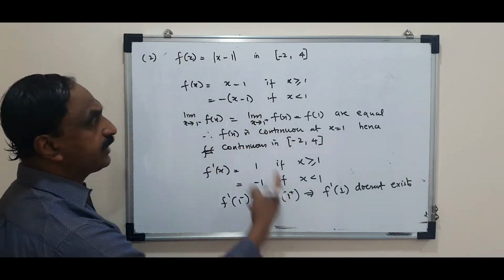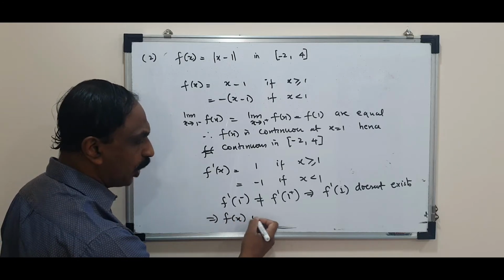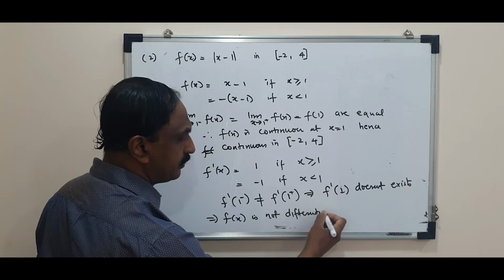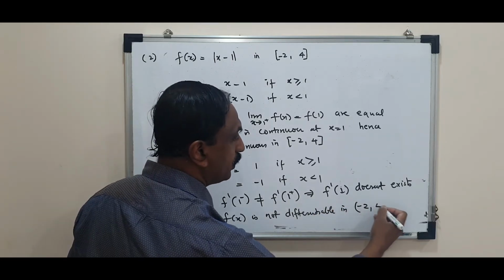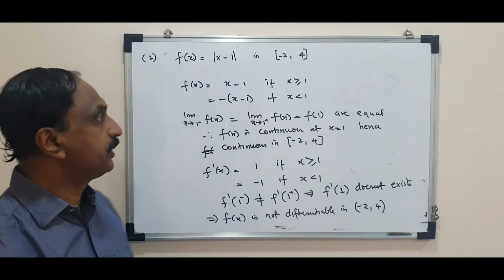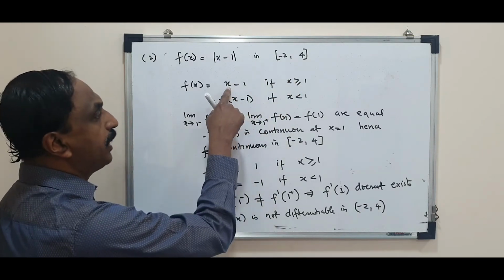If f dash of 1 does not exist, that implies f of x is not differentiable in the open interval minus 2 comma 4. So at 1 it is not differentiable. Although f of minus 2 is how much?